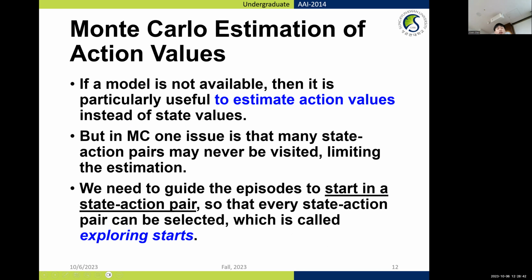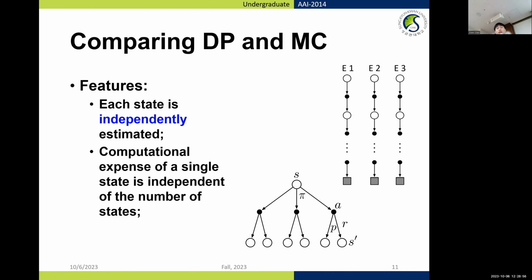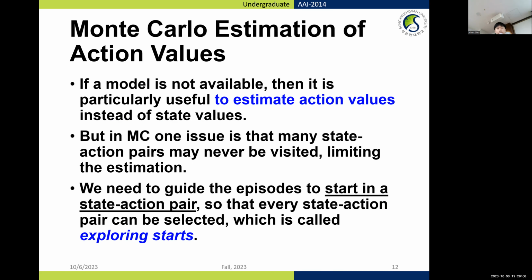So previously it was Monte Carlo prediction, to evaluate the state value function. Now we want to estimate the action values, because selecting actions is more important here, as we update our state value based on experience, based on the action, right?